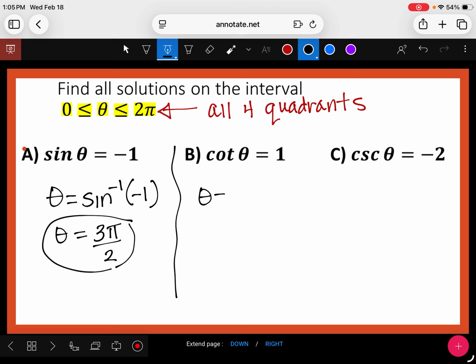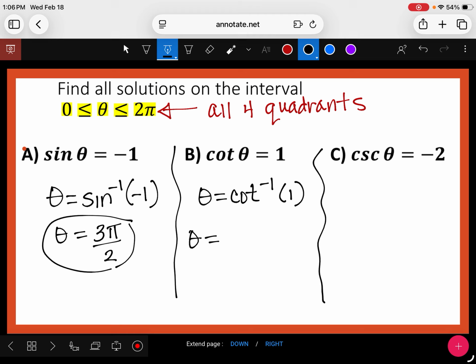All right, B has 2 answers. Don't say it out loud. Tell me the 2 angles. There's 2 angles. One in quadrant 1. And where else is cotangent positive? What quadrant has a positive tangent? 3. So I'm looking for an answer in quadrant 1 and an answer in quadrant 3.